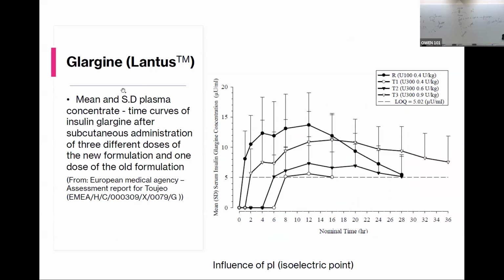Just formulation alone can make a big difference in terms of long-acting of the same compound, glargine. This is an old formulation like this, and they can make it really nice, and then they claim this resembles the normal human, but that's not true, obviously.